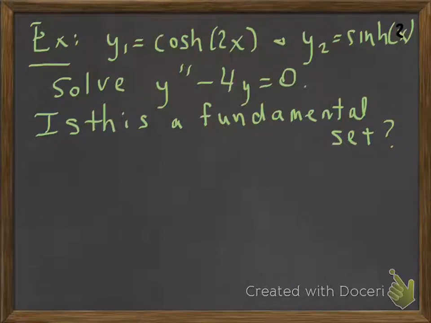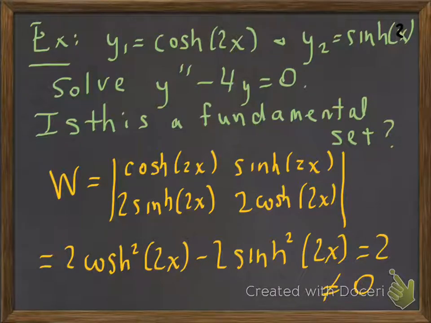And then the next thing we need to check is, are these two solutions linearly independent? So let's compute the Wronskian. In the first line, we write cosh of 2x, sinh of 2x. Then we take the derivative of each, so we have a chain rule, and remember the derivative of cosh is sinh, derivative of sinh is cosh, so the second row becomes 2 sinh of 2x and 2 cosh of 2x.